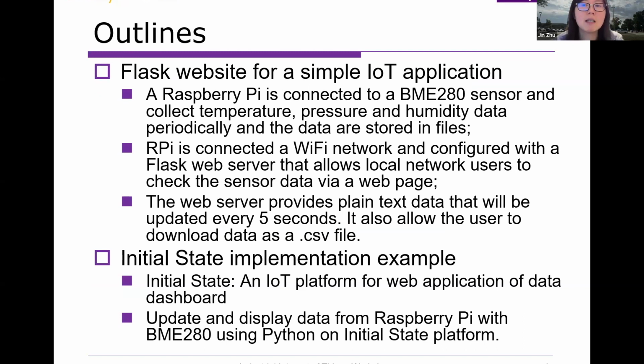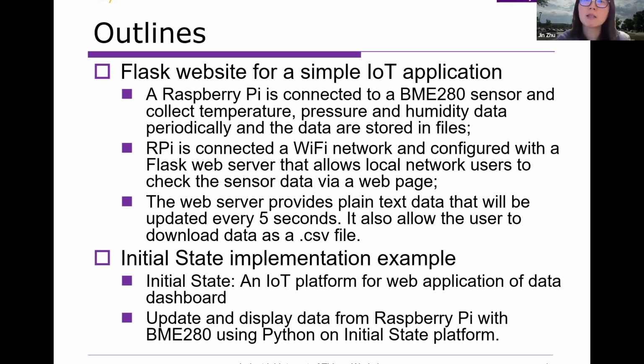In the second part, we'll create a project using Initial State, an IoT platform that is an example of a software as a service application, or SaaS. We'll look at this example also today.